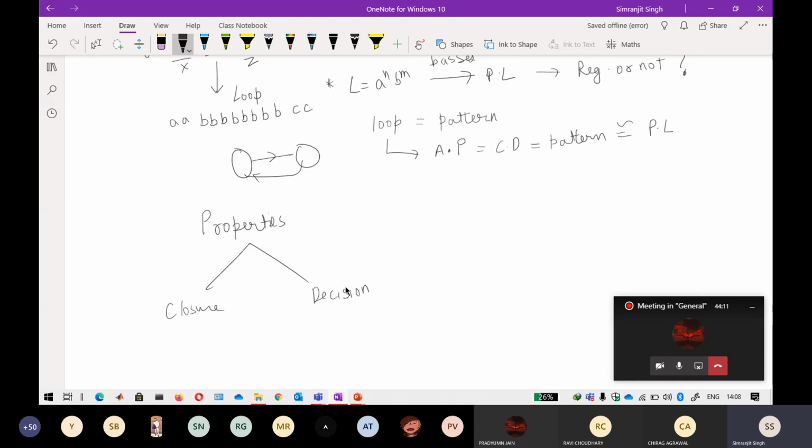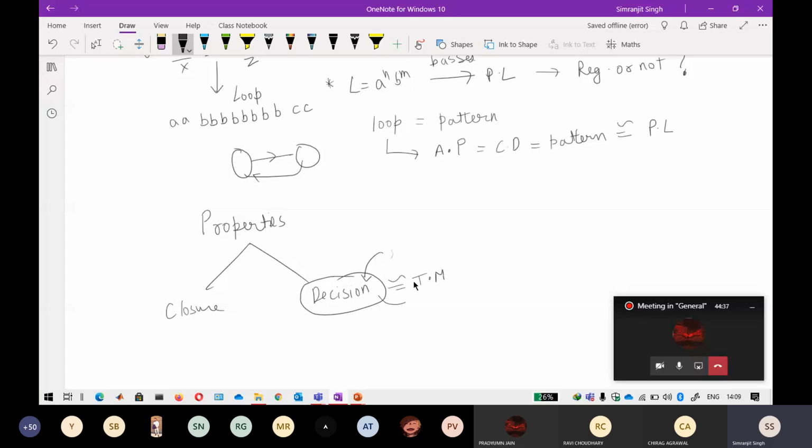The decision property is written in the second module, but I don't think it should be there. Still, for the sake of completion, I will tell you about it, but it will make more sense to you when we are done with Turing machines.